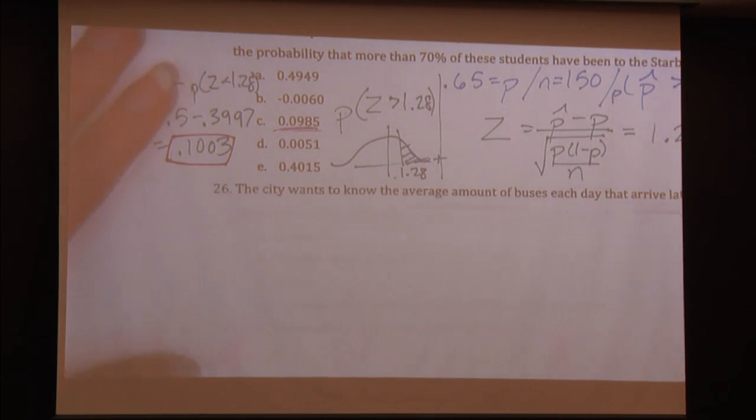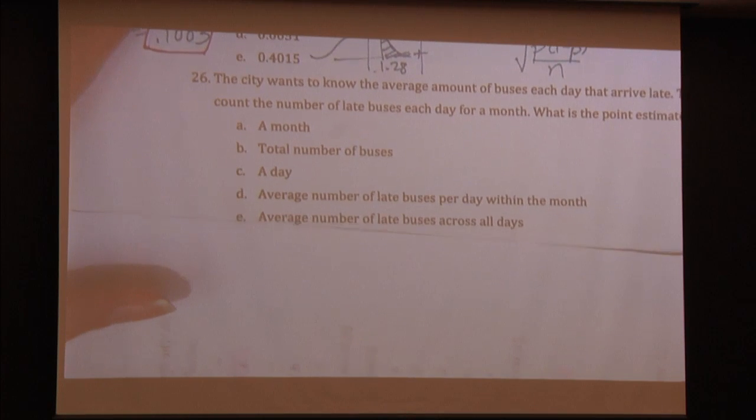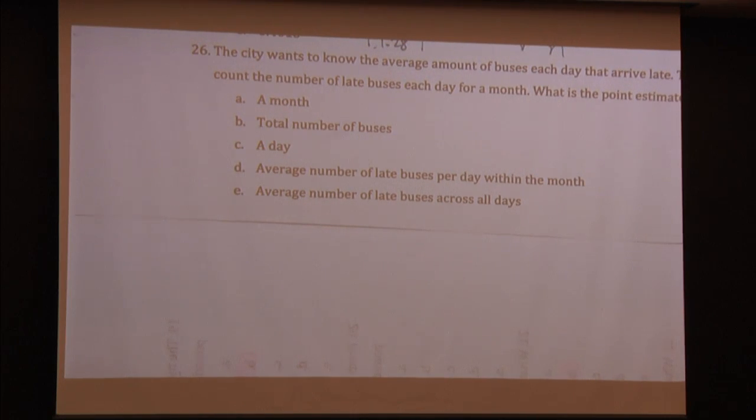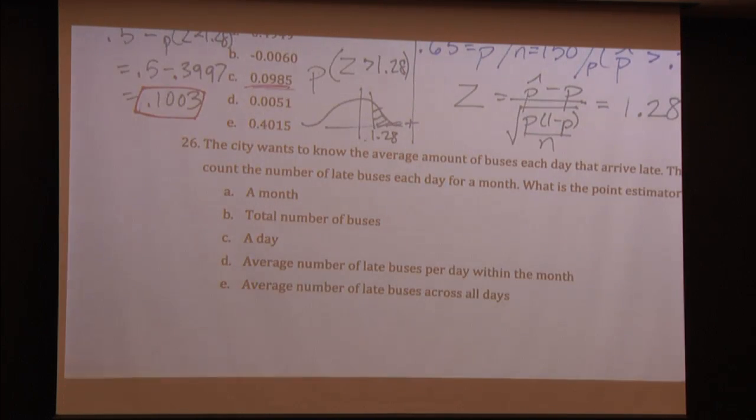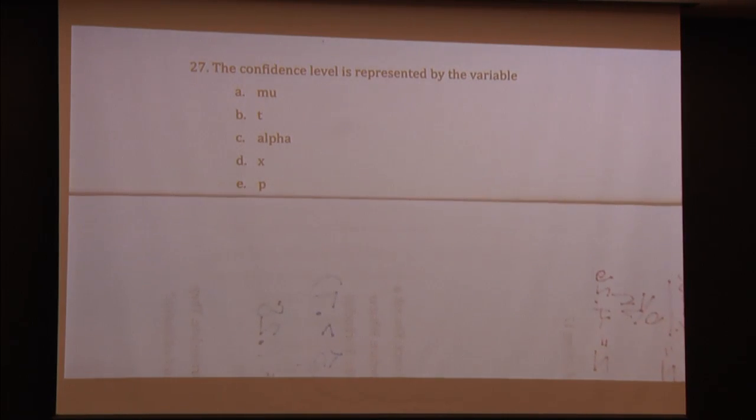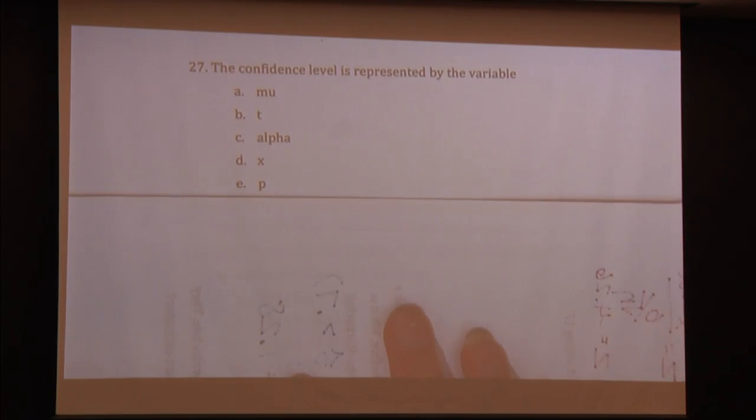Okay. So this is a conceptual question you guys can revisit a little bit later when you're reviewing, just in the interest of time. But this is a nice conceptual question, and we're talking about confidence level.